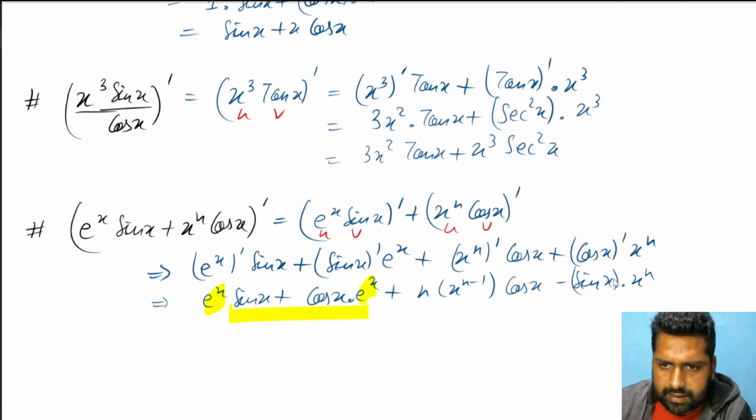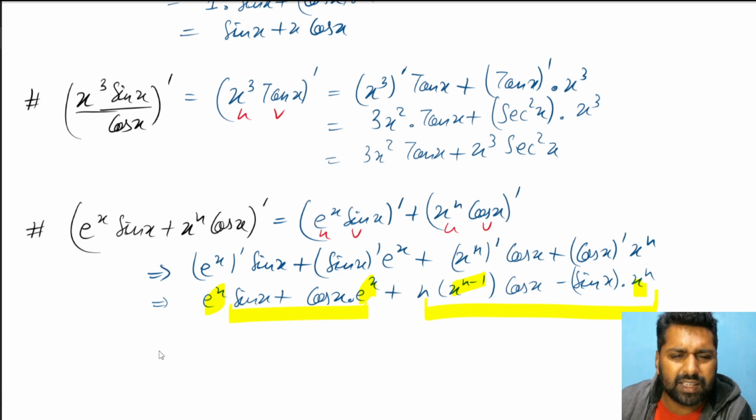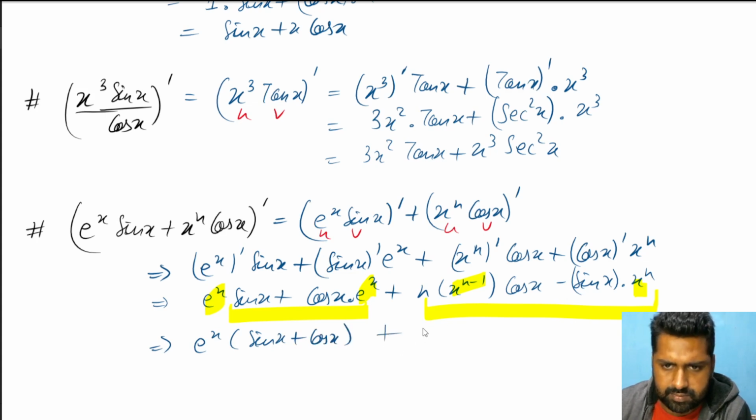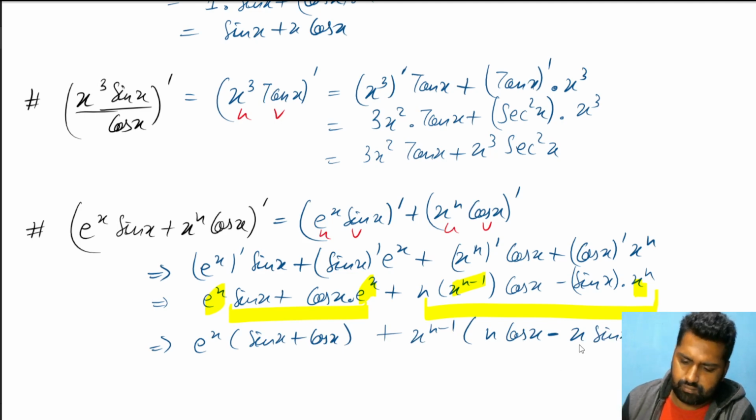I can take x raised to power n minus 1 from this part common. So let's simplify. Something can be simplified, simplify it. e raised to power x (sine x plus cos x) plus x raised to power n minus 1. If I take common, I'll be left with (n cos x minus x sine x). Okay, that's it.